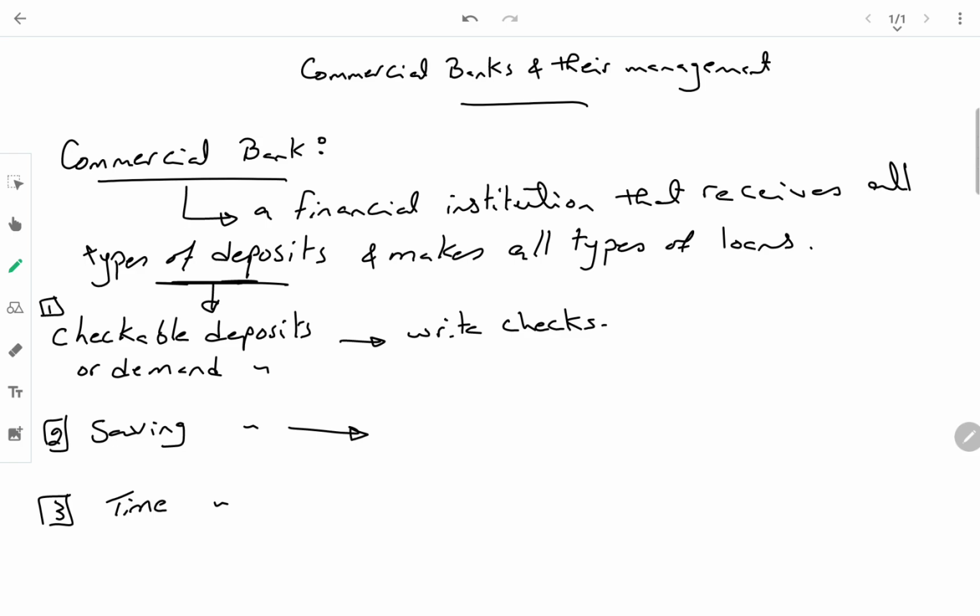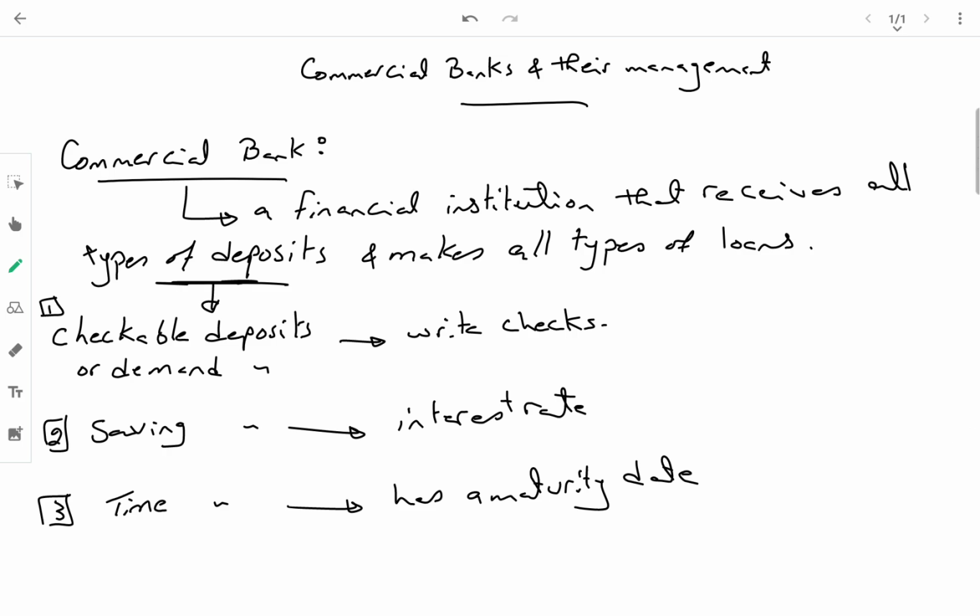While in the case of saving deposits, you cannot write checks and you are going to receive an interest rate. Number three, time deposits. It has a maturity date and it has the highest interest rate if you compare it with the checkable and the saving deposits.